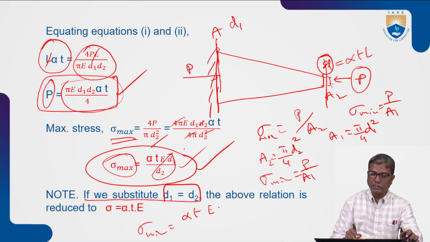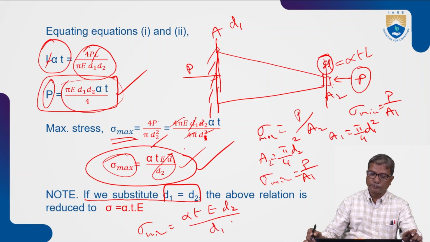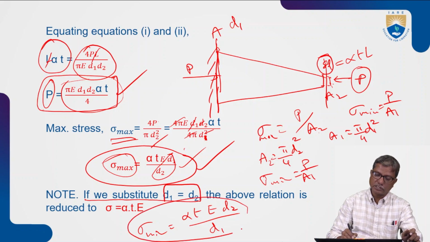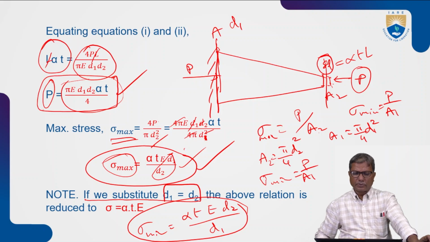Alpha T E, and D1 cancels, D2 by D1 you will have. So alpha T E D2 by D1. This is the minimum stress induced.